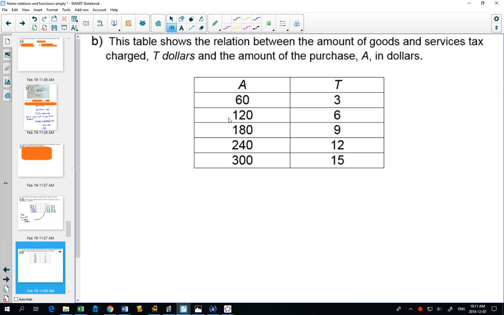The amount of tax charged based on the amount that you buy. So here, my independent variable has a pattern: plus 60, plus 60, plus 60, plus 60.